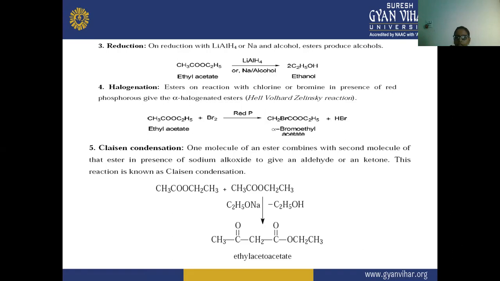Here you can see these are the two molecules of your esters, and this is reacting in the presence of the sodium alkoxide, and there is a formation of ethyl acetoacetate. So this ethyl acetoacetate is formed in which the ketone group is present. So there is the formation of this ketone or an aldehyde.